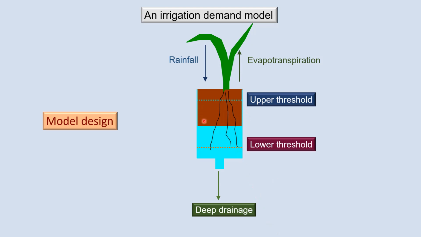If the water level drops to this lower threshold, the model demands irrigation. It is then filled to the upper threshold, this simulating roughly what happens at a farm scale. However, if it rains, the soil moisture store can fill beyond that threshold up to the top and runoff can occur. So let's look at the operation of this model conceptually.